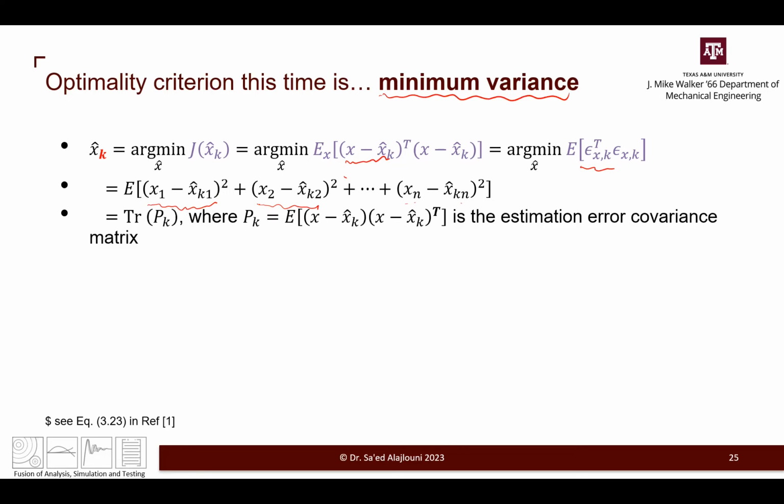Notice that this can be expressed as the trace of P, where P is the estimation error covariance matrix. So if P is defined this way, it's a covariance matrix of the estimation error, so it will be symmetric, but it might not be diagonal.